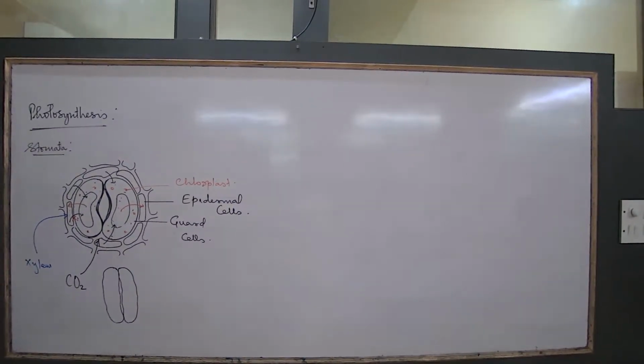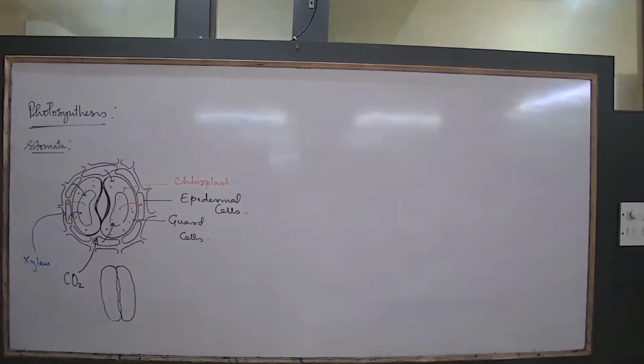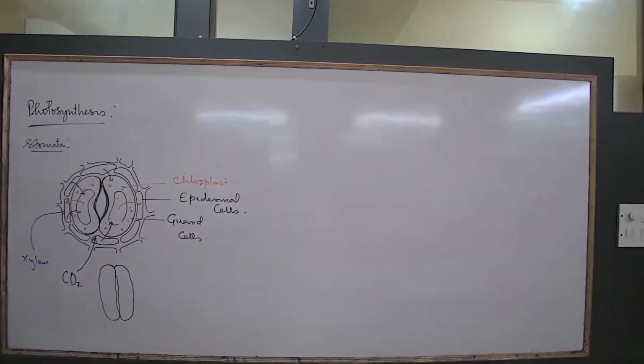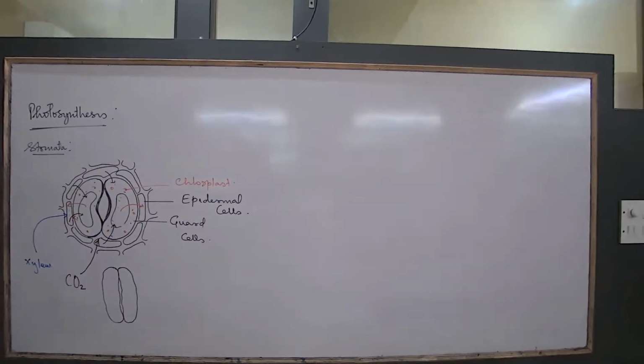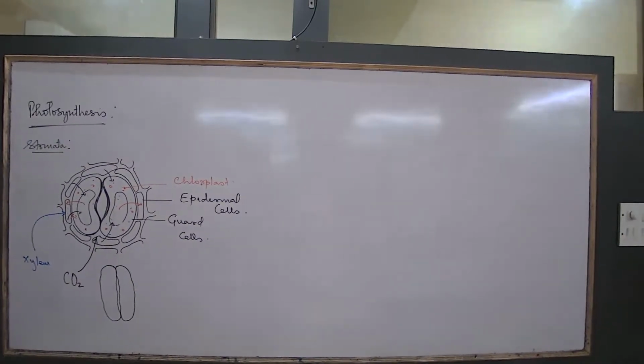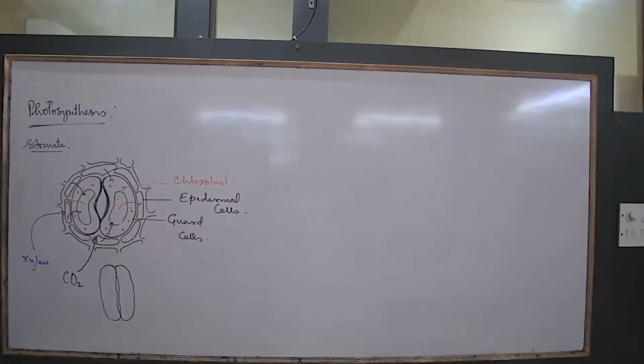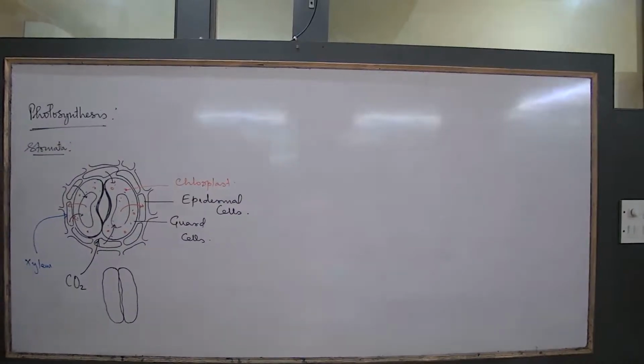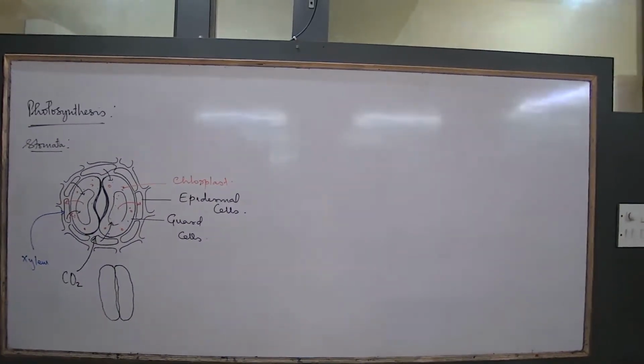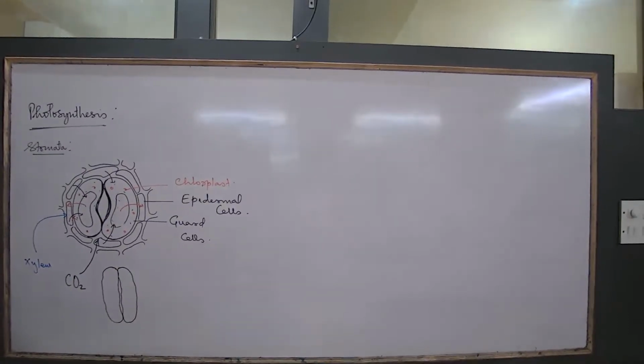Third point. Continuous endosmosis makes the guard cells tight, filled with water.